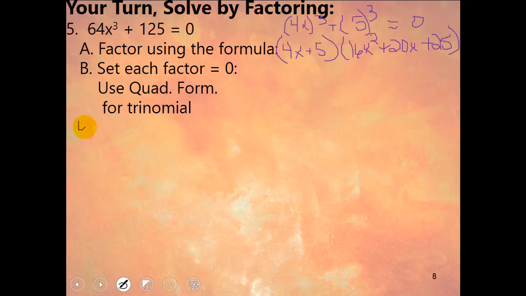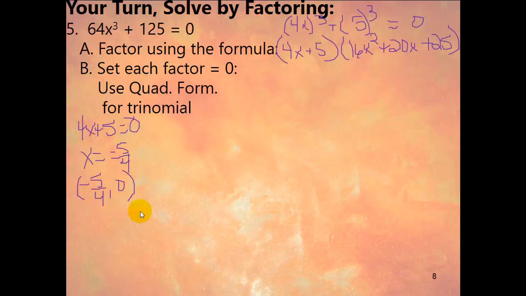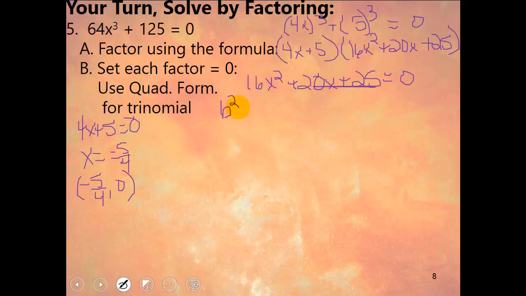I'm going to set 4x plus 5 equal to 0. X equals -5/4, and so I get the real solution, -5/4, 0, just like that. Now for the 16x squared minus 20x plus 25, I'm going to use the quadratic formula.